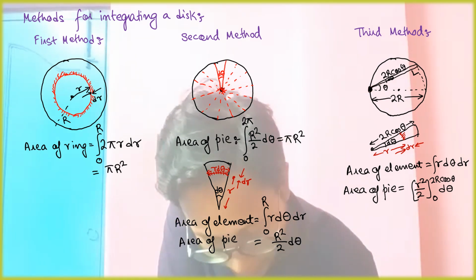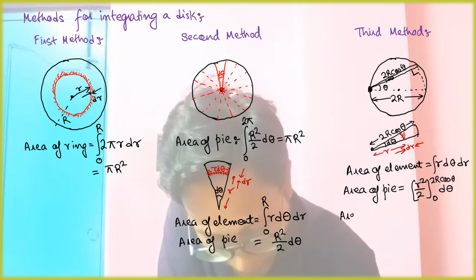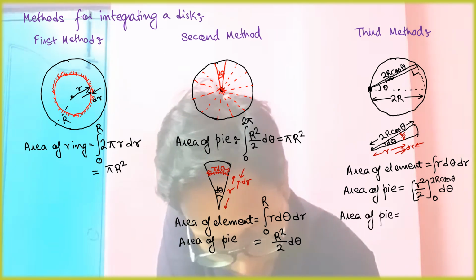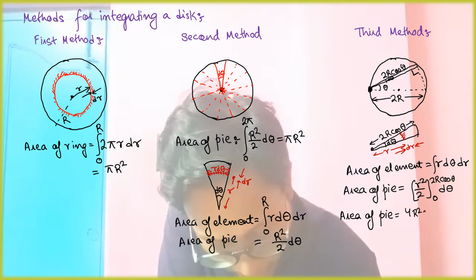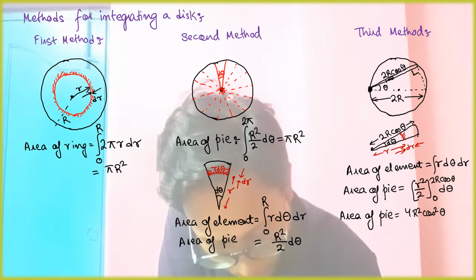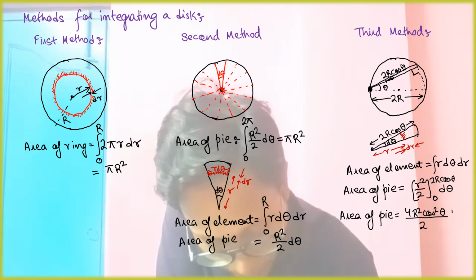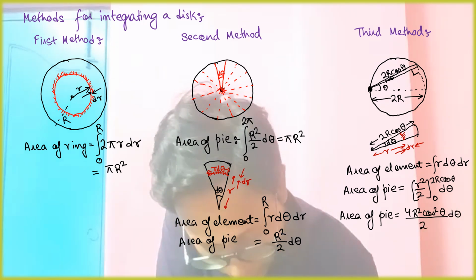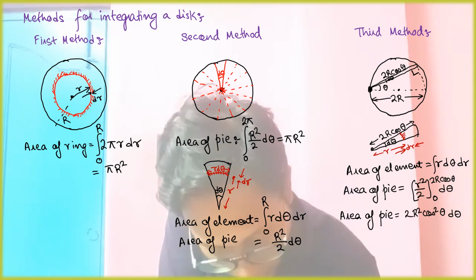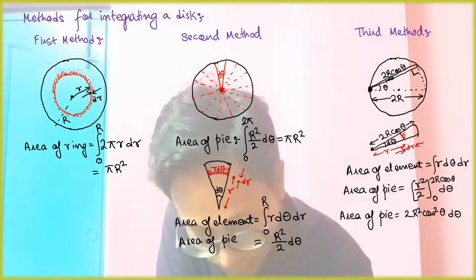Okay, so area of pi is nothing but 4r square cos square theta by 2 into d theta. So 2 and 4 will cancel to form 2. Okay, so area of pi is nothing but 2r square cos square theta into d theta.